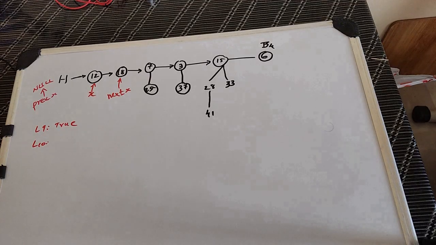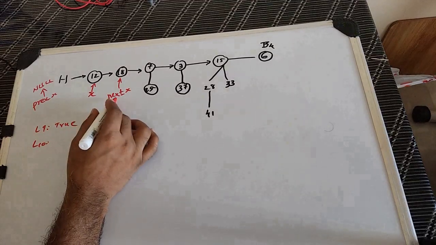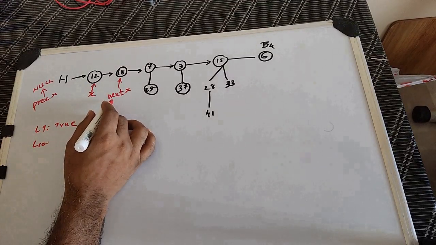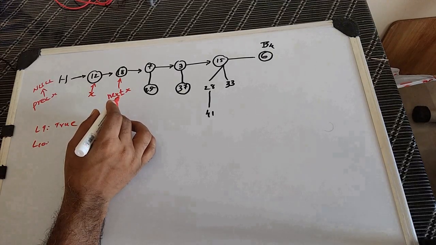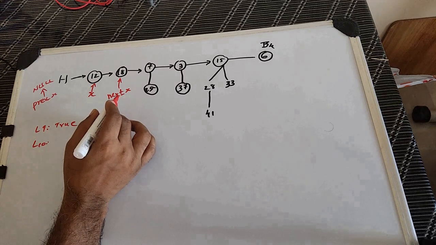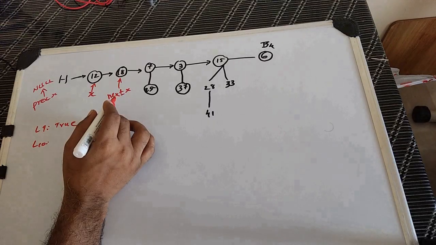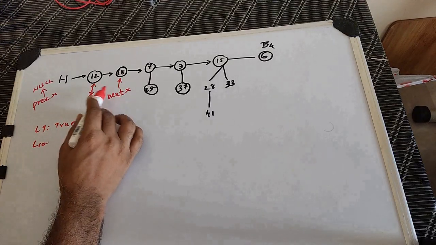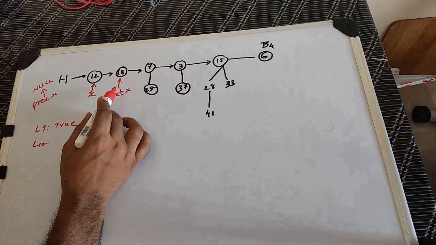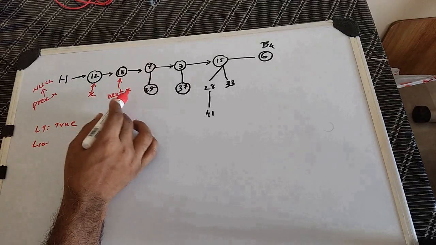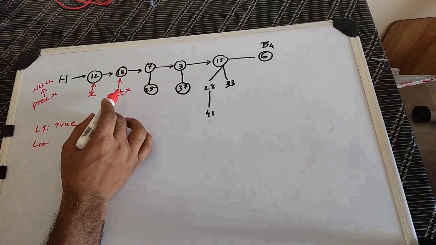Here we are checking the degree of x and next x. These two are not equal. Then or means if any of these conditions is true, the if statement will work. The degree of x and next x, in this case the first binomial tree and the second binomial tree, are not of the same degree.